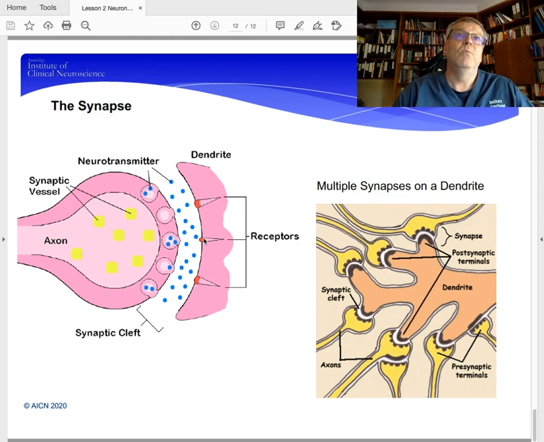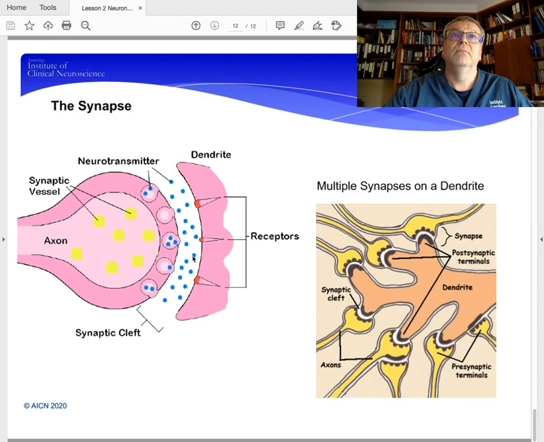So when the neurotransmitter is released, it moves across the synaptic cleft and gets bound by the receptors, and that will cause changes in the postsynaptic neuron's ability to let in different ions or keep out different ions, depending upon what effect these transmitters have on that membrane.